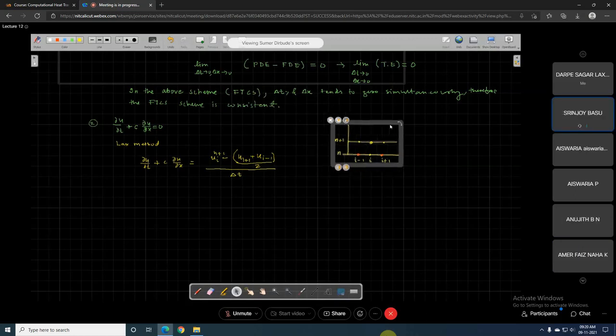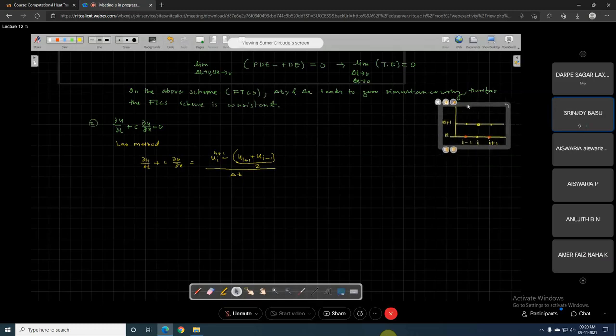So u I plus 1 plus u I minus 1, that is at nth level. Okay, so that is specific to the Lax method.